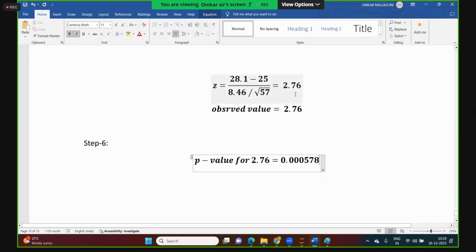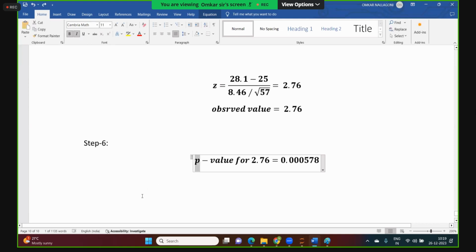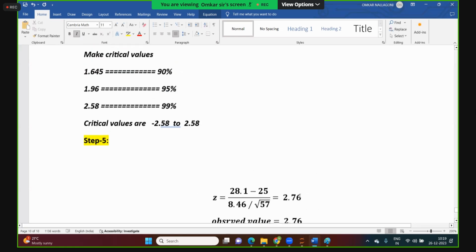P less than alpha, or P greater than alpha? What's the conclusion? P less than alpha. What is the alpha? 0.01, no?